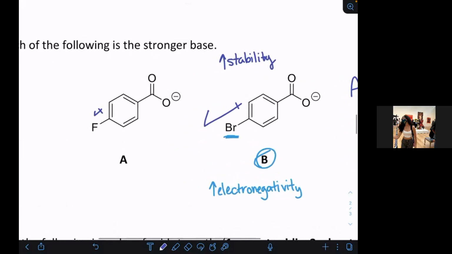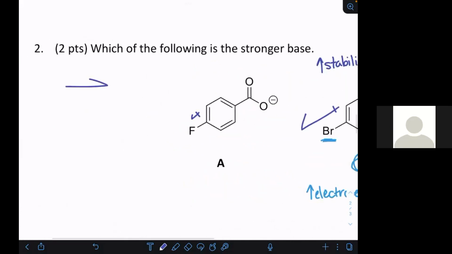Oh, it's not? I thought that the bromine was pulling more than the fluorine. Isn't fluorine more electronegative? No, bromine is more electronegative. Oh, shoot. I think electronegativity goes up and to the right.